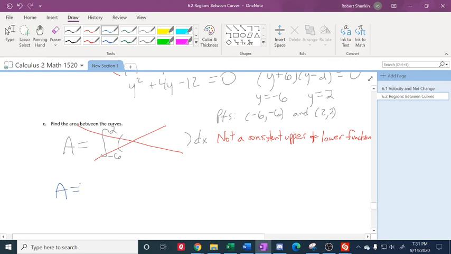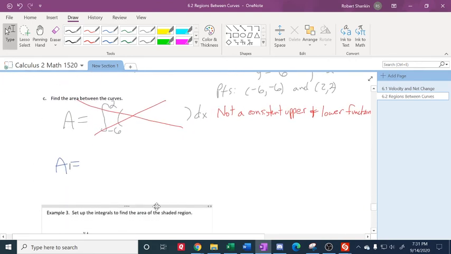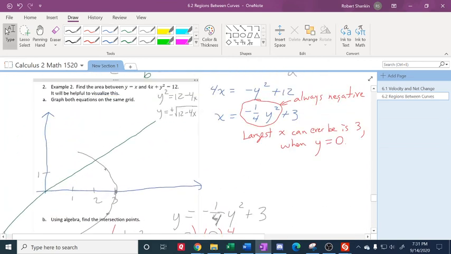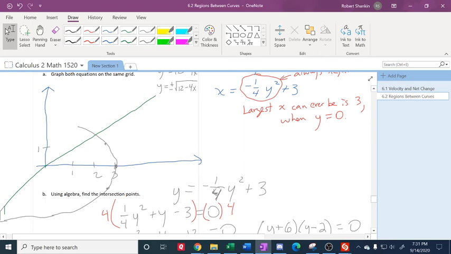Area is, we're going to do everything in terms of y. We're going to put a dy over here. And this is like what we did in the practice quiz, where we set up an integral to get areas from something out to the right back to the y-axis. As long as we take the rightmost function minus the leftmost function.